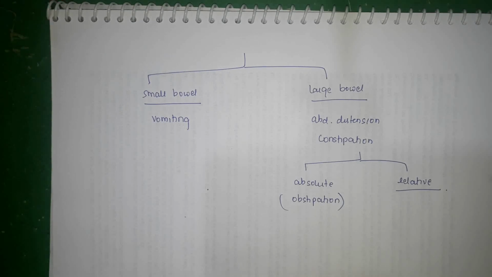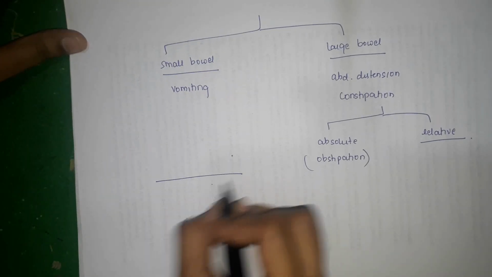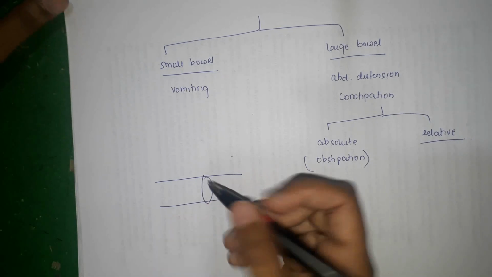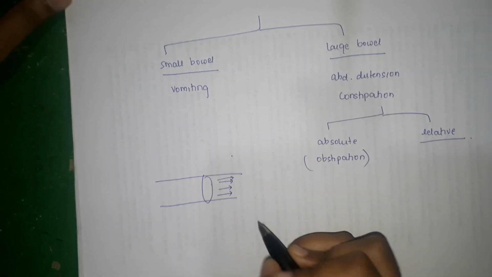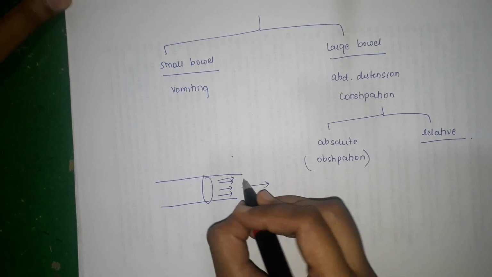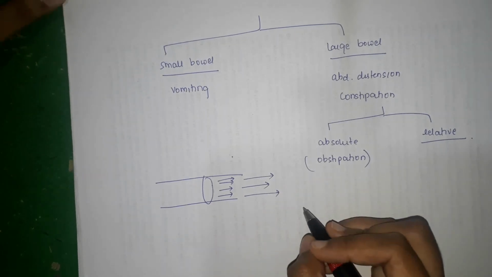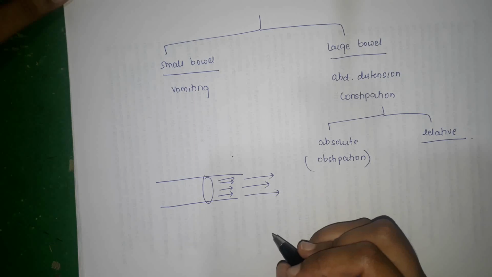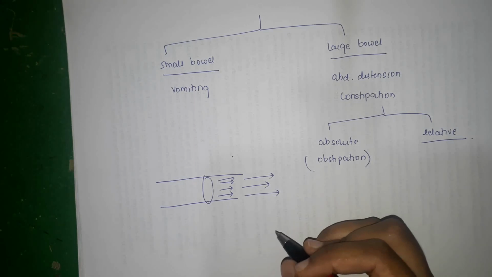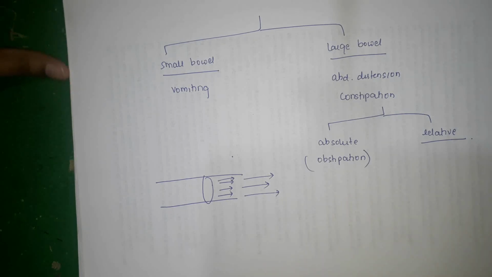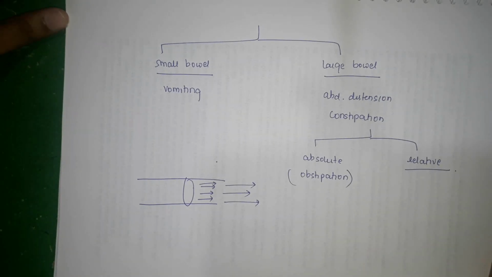One thing you should remember is, initially when there is obstruction, even if it's small bowel, the distal part is still undergoing normal peristaltic movement, and this empties all the flatus and the feces. So if a patient does not have constipation, it does not mean that there is no obstruction. Other symptoms and signs need to be taken into account.